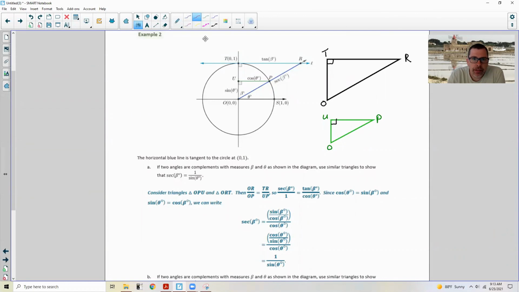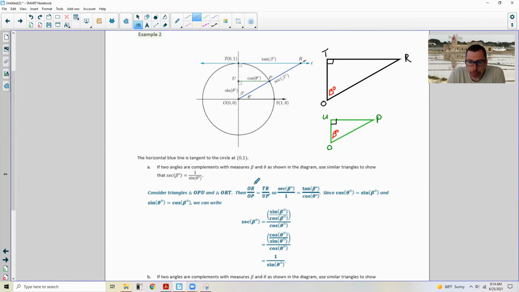It says, consider the triangles OPU and ORT. Okay, by angle similarity, they're similar because this is beta here and this is beta. So if that is beta degrees and that's beta degrees, they're congruent. And then we have a 90-degree triangle. So we have angle similarity. So the two triangles are similar.